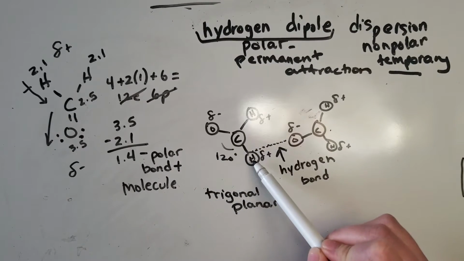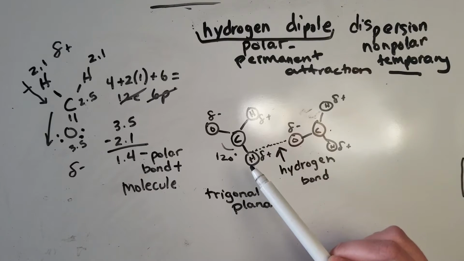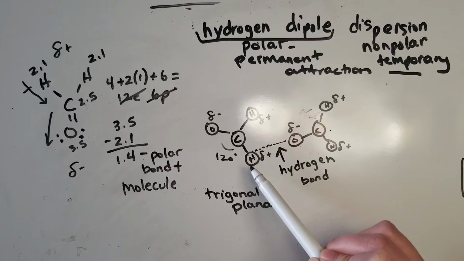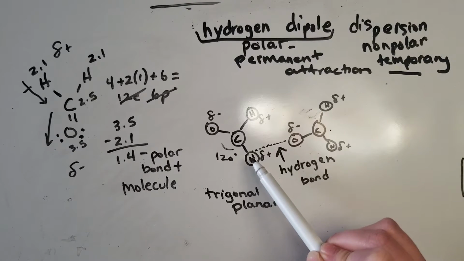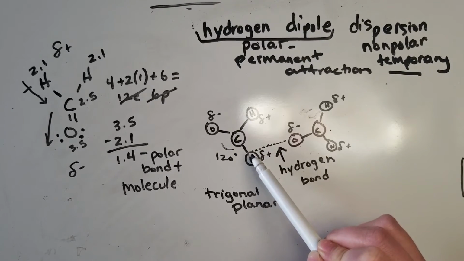If this were not a hydrogen, maybe this were a carbon, then that would be a dipole force. Now, one common misconception is that you need to look at the internal bonds to be able to determine between a hydrogen and a dipole bond.